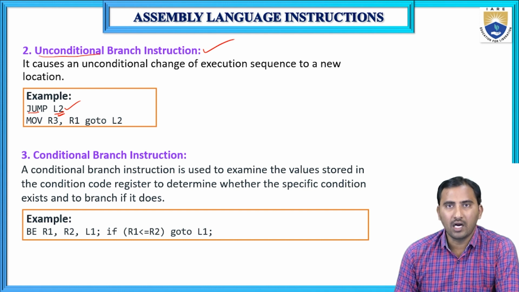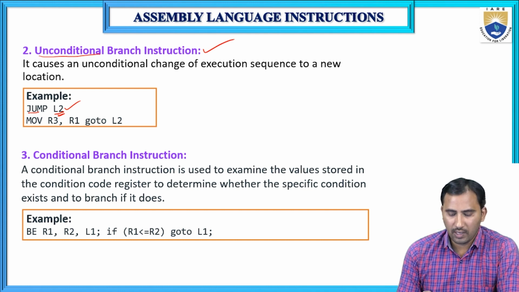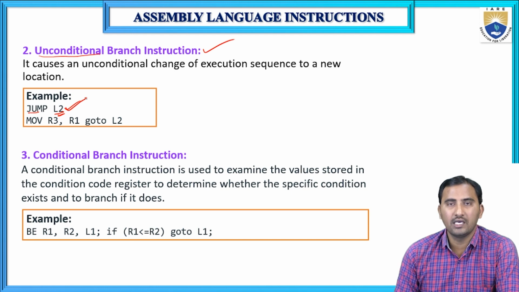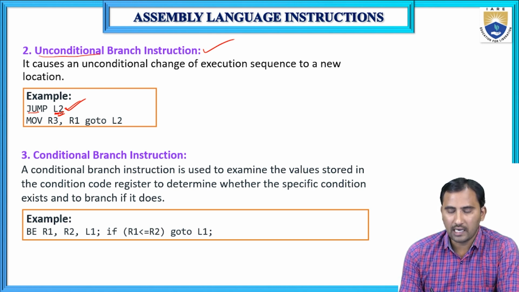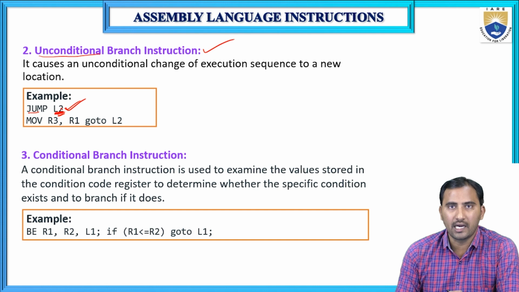Here we are not checking any condition. Whenever this jump instruction is there, automatically the program control will be transferred to the address specified in this address field. So this L2 is the address field, where we can mention a direct address or the name of the address.